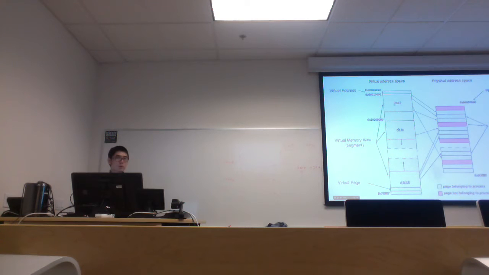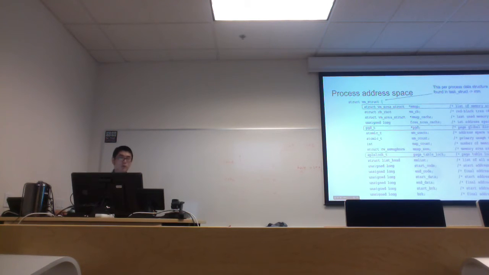You also want to search these segments very fast. For example, I give you an address, you tell me where the address resides, either in a hole or in some valid memory area. So the kernel uses a red-black tree to index the virtual memory areas. The root of this red-black tree is here, the mm_rb.